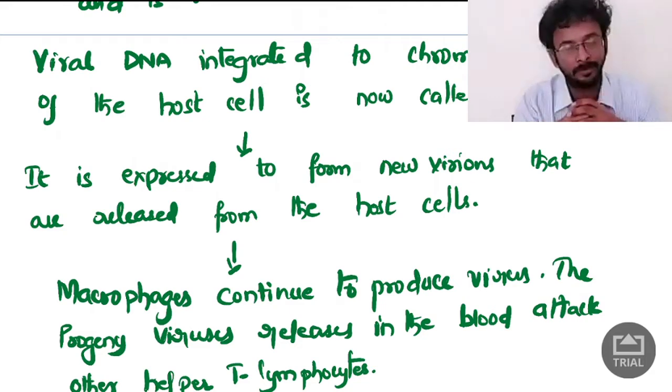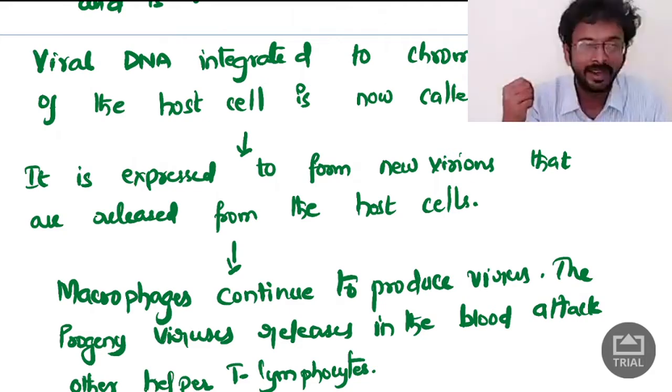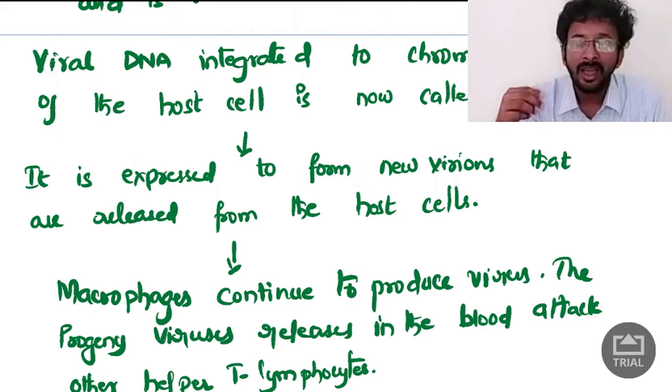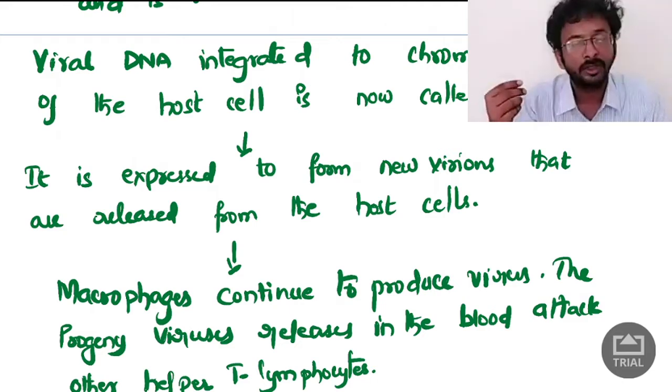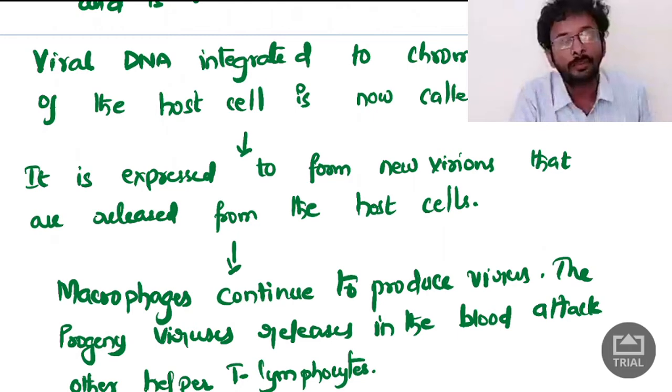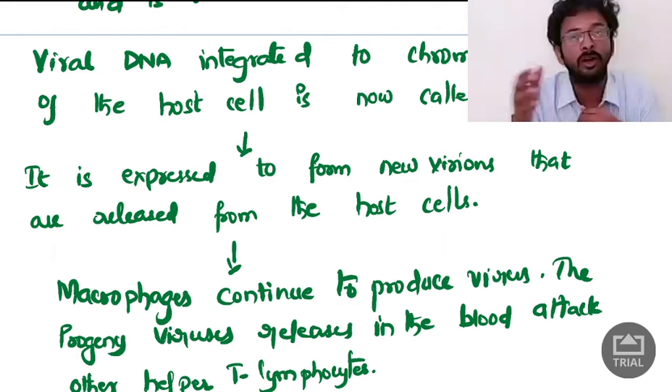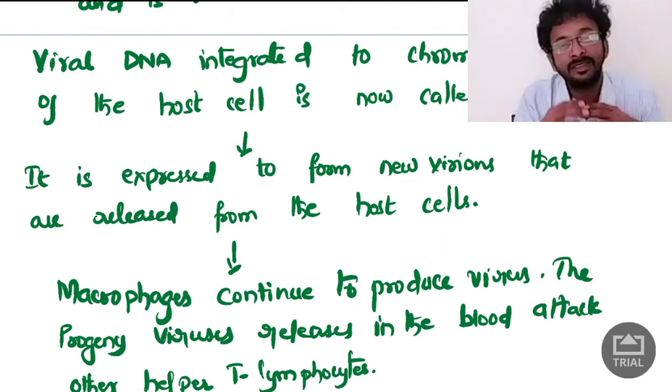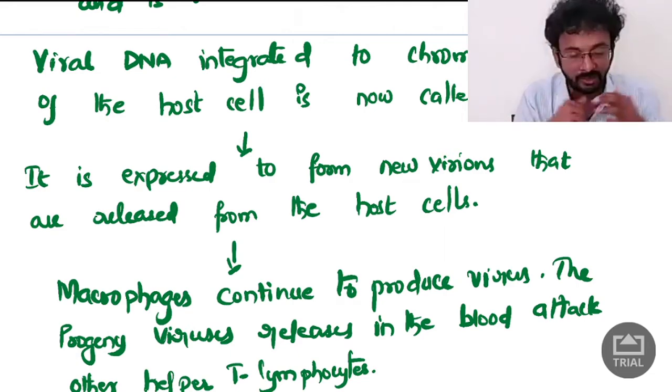Now this complementary DNA undergoes transcription to form mRNA, which further undergoes translation to form proteins. Once these viral proteins are synthesized, the virus comes out from the host cell and enters the next host cell along with the proteins. This is how the replication of HIV virus occurs.